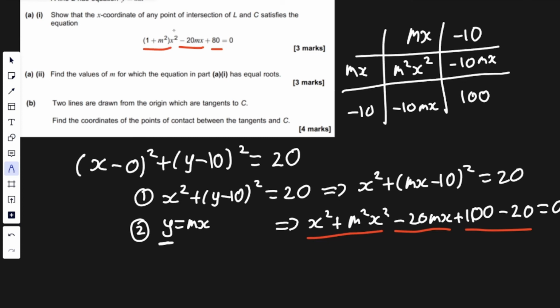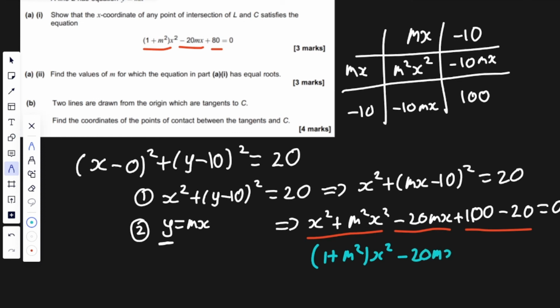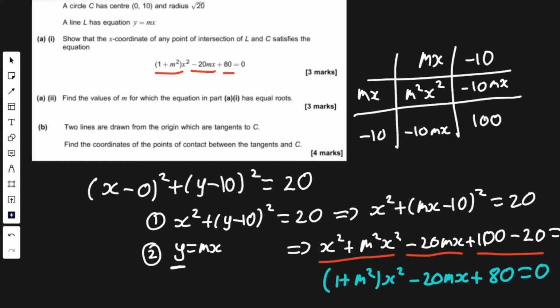So they've taken out a factor of x squared of a bracket. If I take out x squared, I do indeed get the same thing. So taking x squared out of the first part, keeping the 20mx the same, and adding 100 and minus 20 gives us 80, which is exactly what they want us to show. Not too bad.